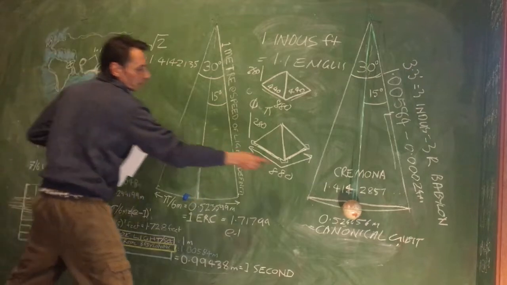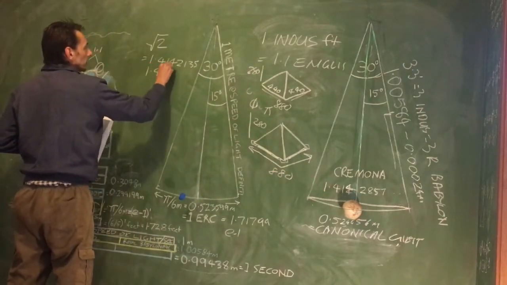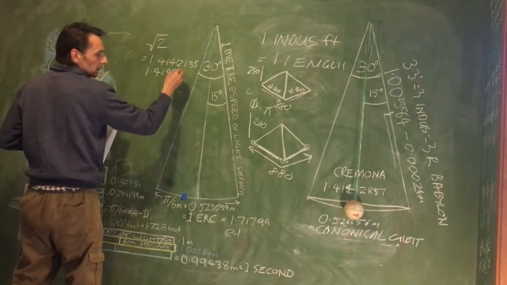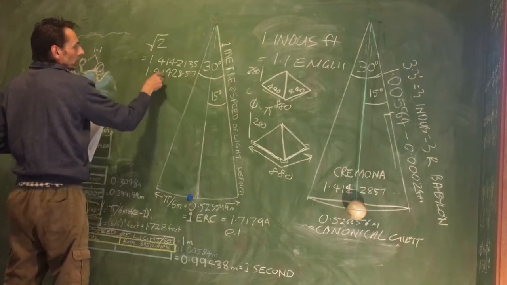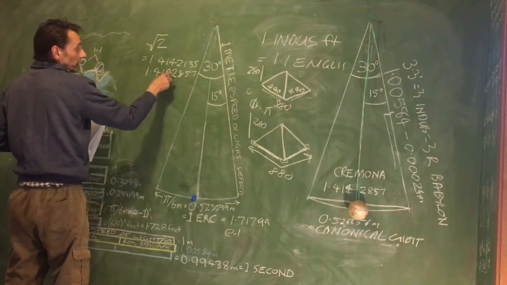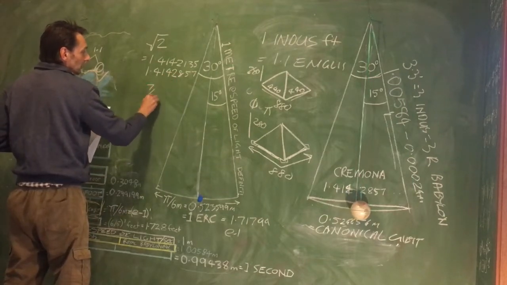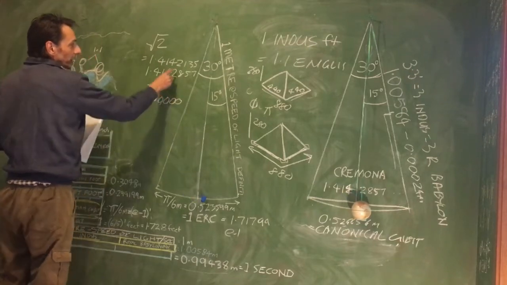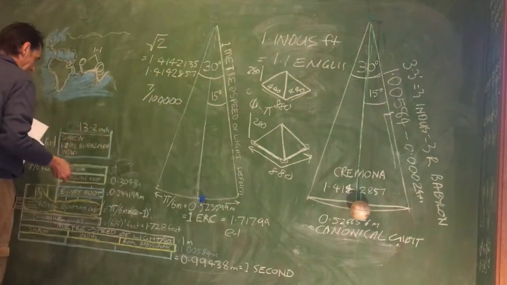Okay, so this is 14142... 857. That's 1/10, 100th, 1,000th, 1/10 of thousandths, 100th. So that's 7 over 100,000. Okay, so the number might look different, but to get that level of accuracy again is very important.